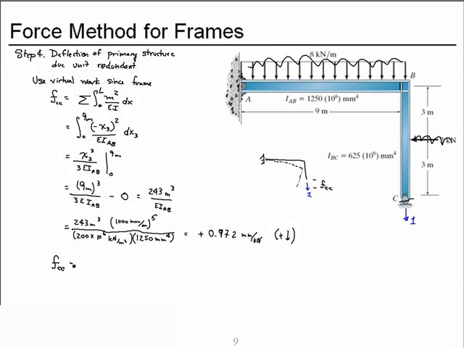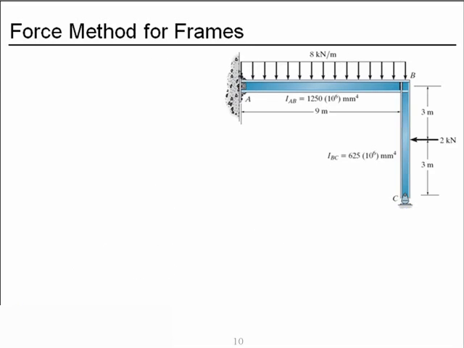It just means that my flexibility coefficient is actually a negative 0.972 millimeters per kilonewton, because we originally drew it up for our compatibility equation. Now step 5. Let's find that redundant value.